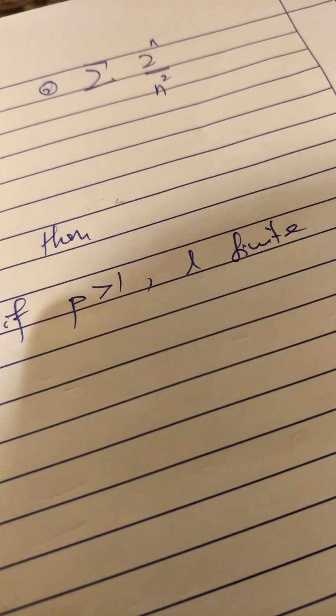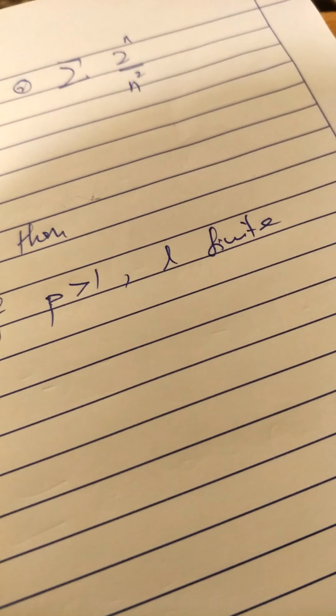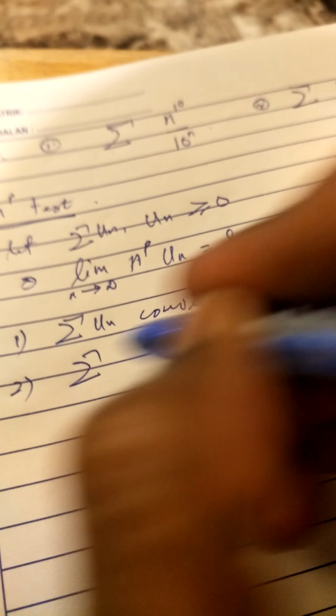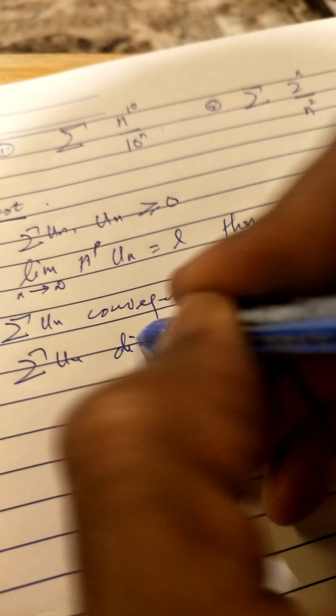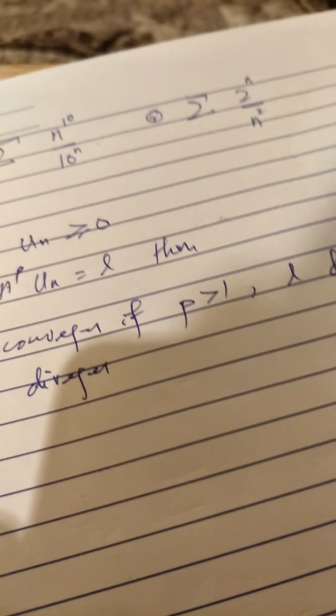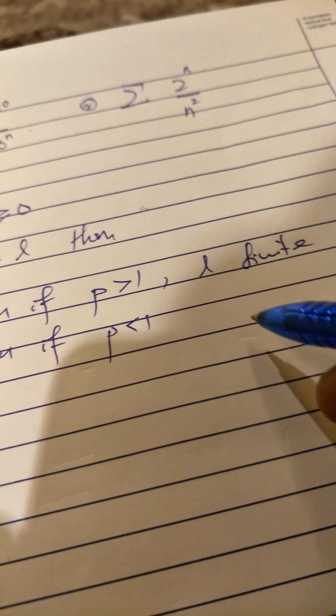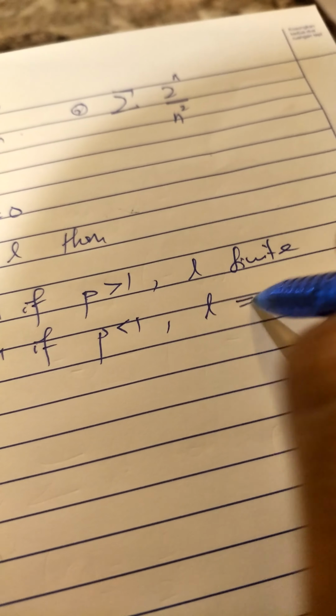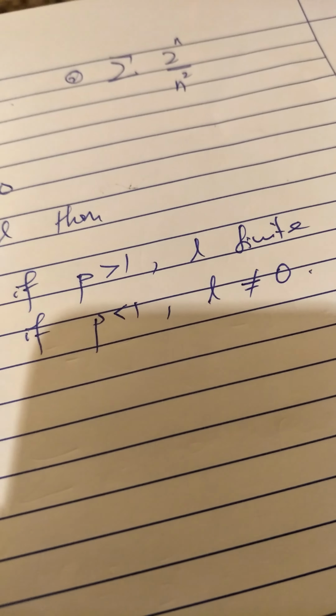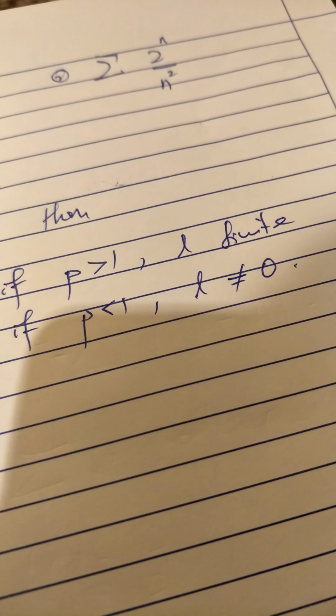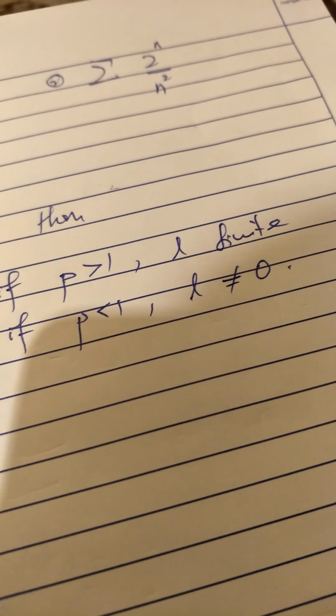Finite means you have some number; it cannot go to infinity. And number two, the series un diverges if p is less than or equal to 1 and L is different than 0.